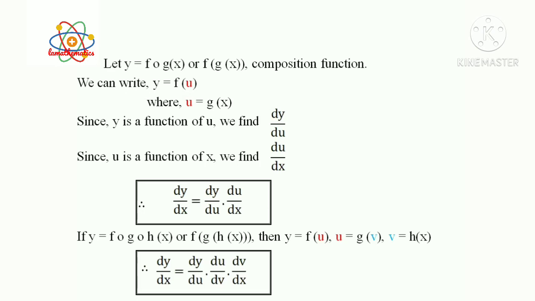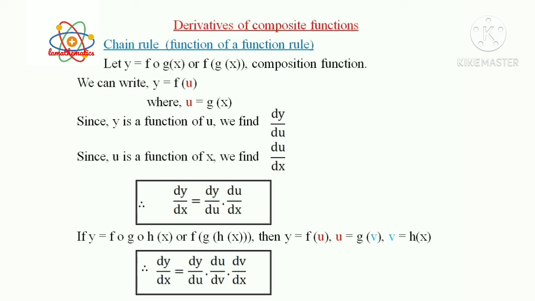Therefore, we find dy/dx = dy/du × du/dv × dv/dx. This type of differentiation is called the chain rule of differentiation, or function of a function rule. We use the chain rule to find the derivative of a composition function.